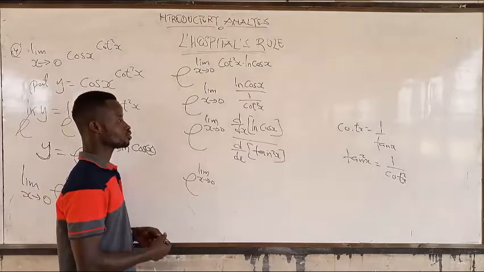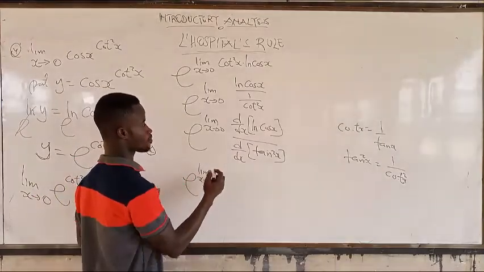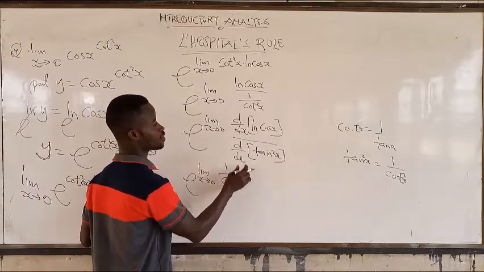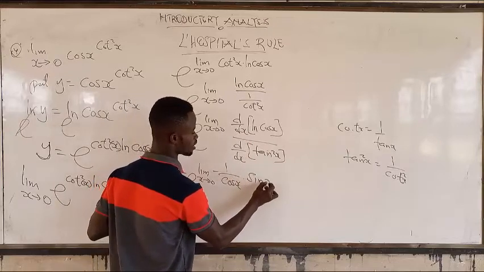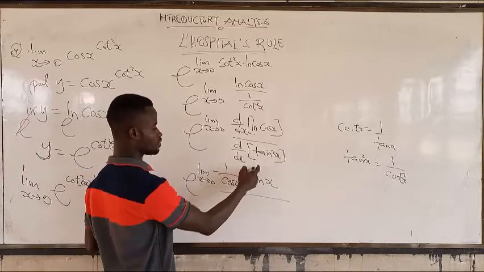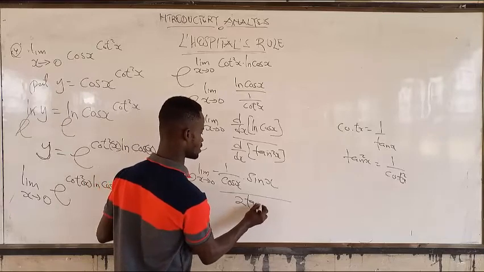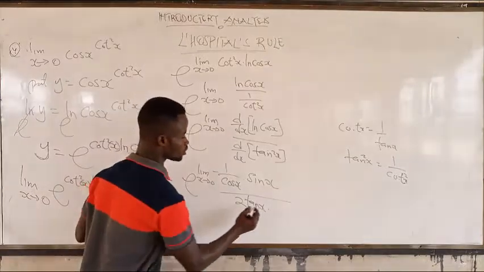So this is the same as 1 over cos x times the derivative of the inside, which will give you negative sin x, all over the derivative of this, therefore 2 multiplying tan x, times the derivative of the inside: differentiate tan, you get sec squared x.